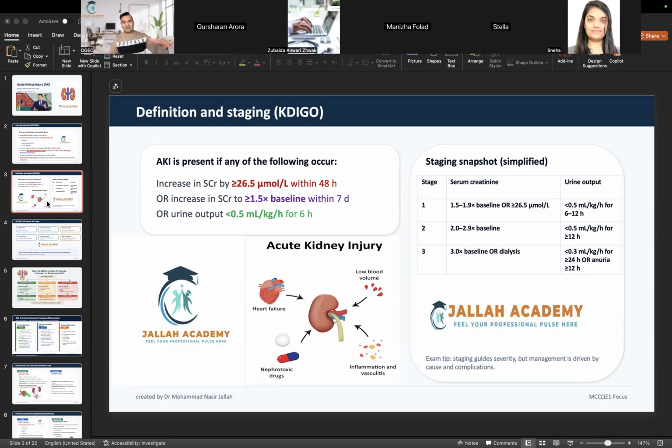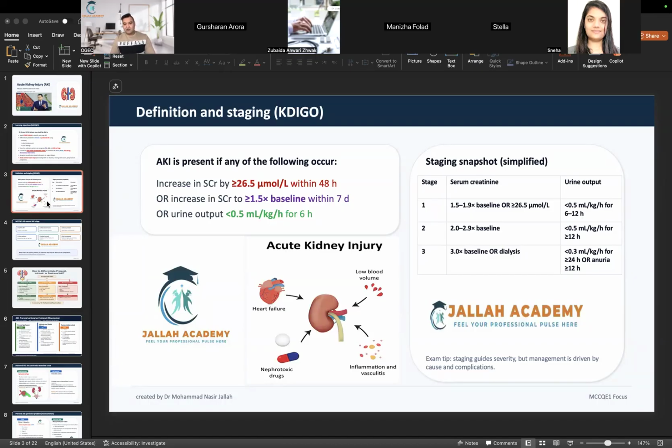Whatever the baseline is, if it is increased by 1.5, in some cases even double, but even if it is 1.6 times the baseline or more, then you have it. Or the urine output is less than 0.5 milliliter per kg per hour for 6 hours.